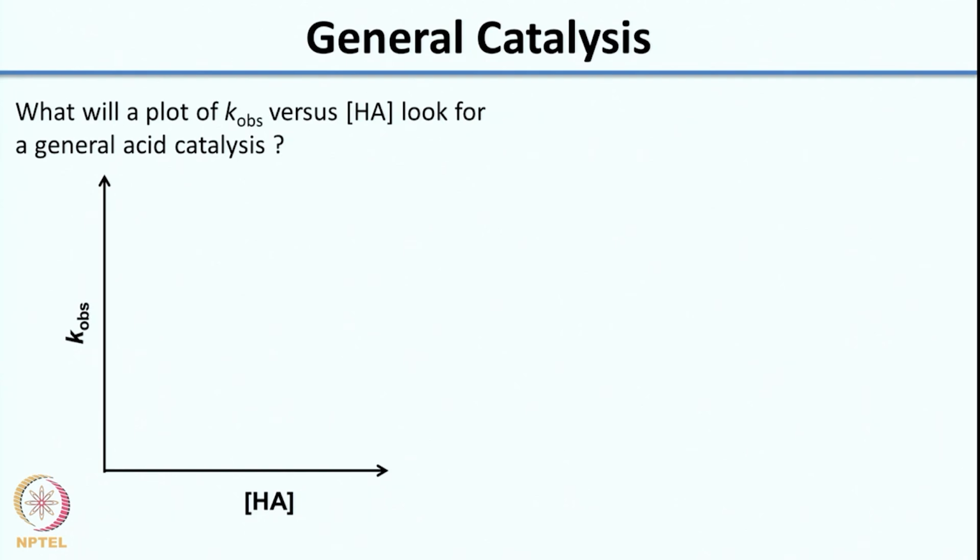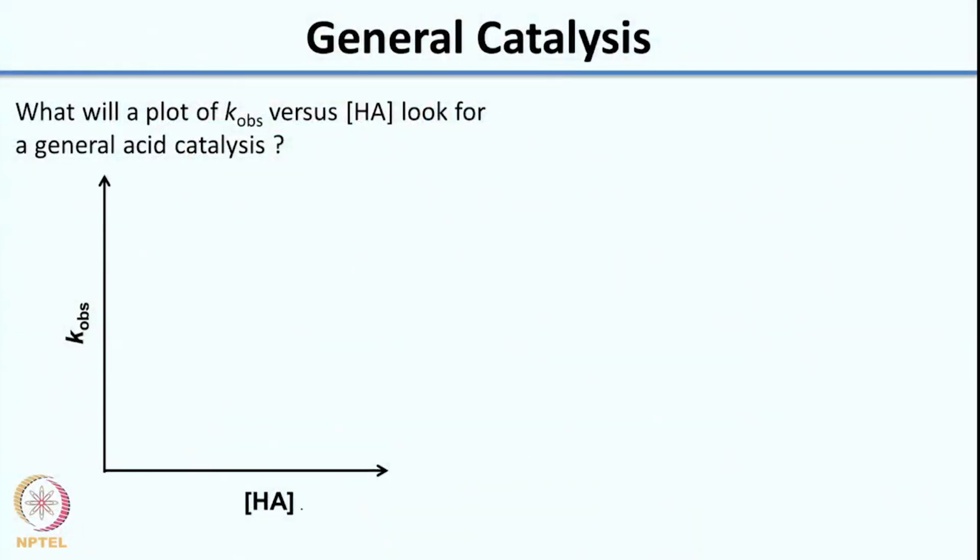You can press the pause button and try to write the answer in your notebook. Alright, let us see if you are able to get this answer correctly. Now as the concentration of HA increases, since now you have a direct dependence on concentration of HA in the kinetics expression, you would get a straight line which would be increasing.